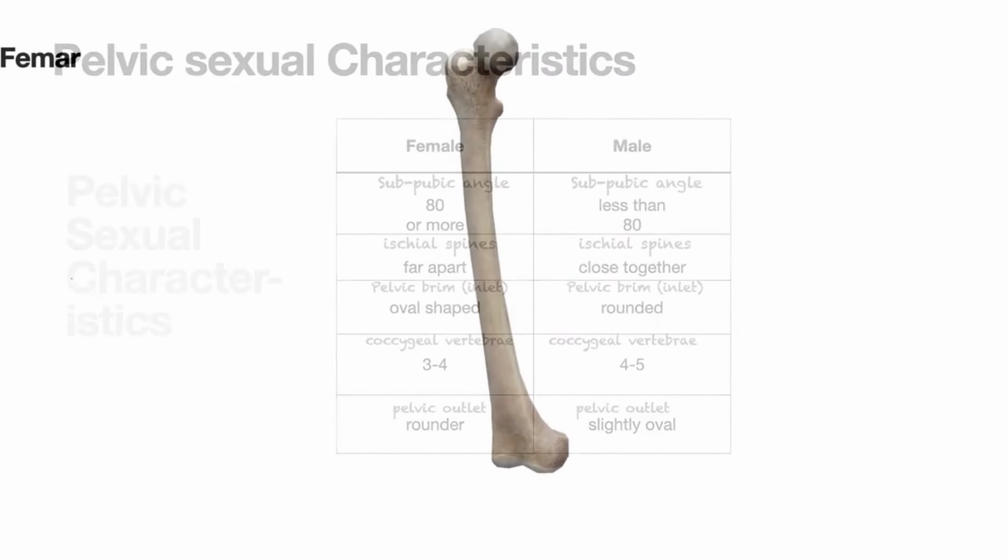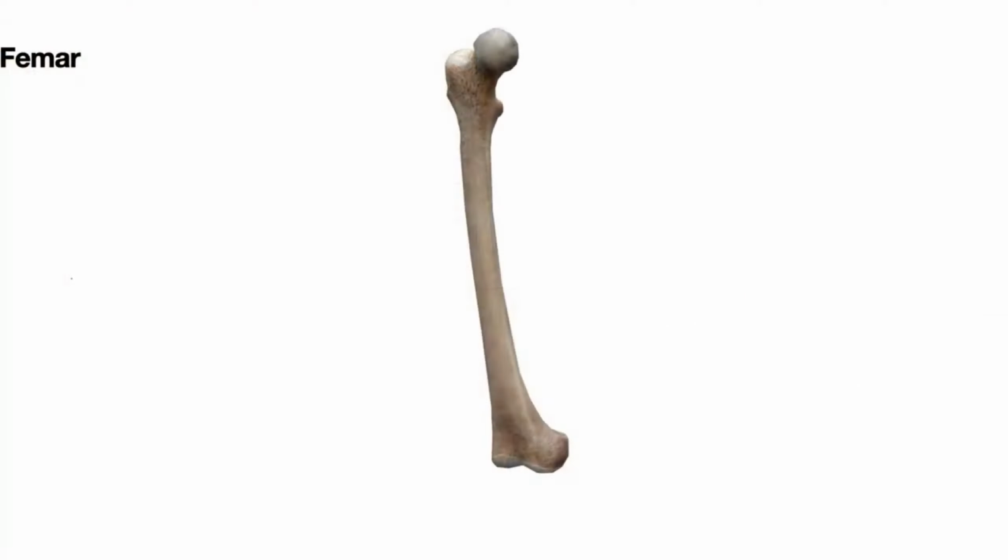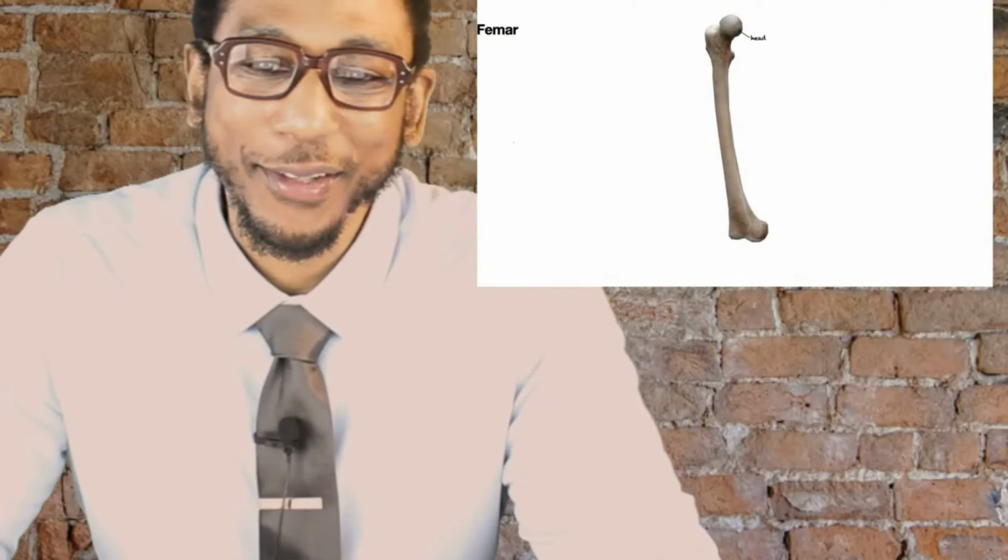All right, let's move in and talk about this bone here, the femur bone. Okay. And if we look at this, we have some bony landmarks on here we're going to want to identify. Here, this landmark right here. That's right, the head of the femur, right? The head of the femur, good.